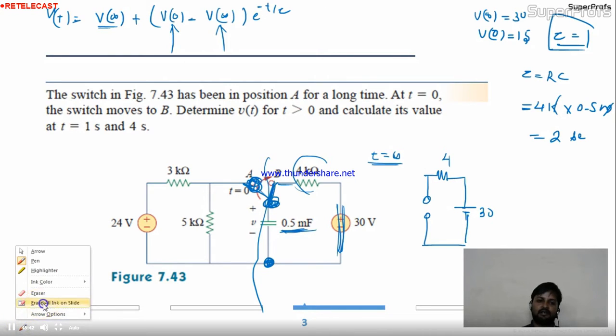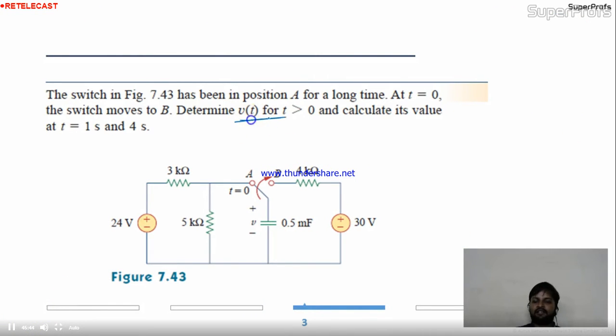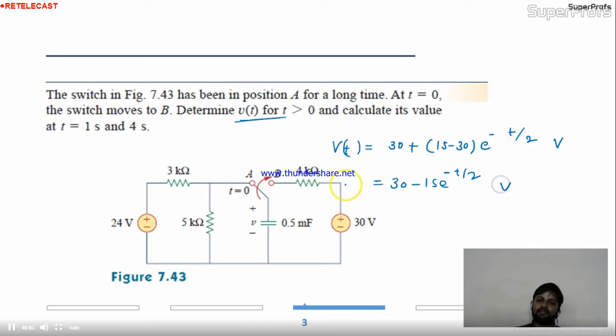Everything is available now. Whatever they are asking, we can reply now very easily. Vt is nothing but V infinity, means 30, plus (15 minus 30) e to the power minus t by 2 volt. So this is nothing but 30 minus 15 e to the power minus t by 2 volt. This is my answer.